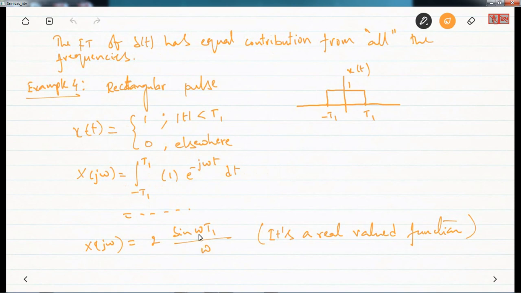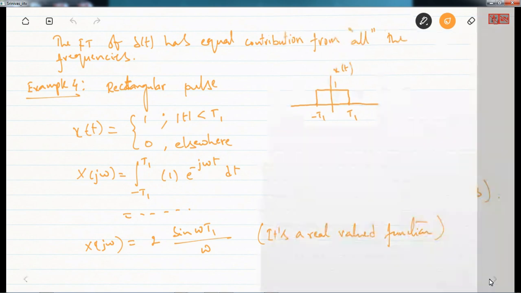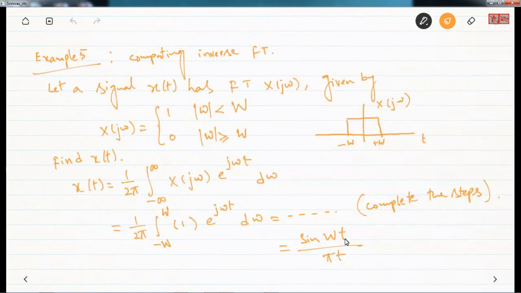So there is an independent variable omega in the numerator and the same independent variable in the denominator. Here the independent variable is t, not omega, so it's sine Wt divided by pi t. There is an independent variable in the numerator and the same independent variable in the denominator.